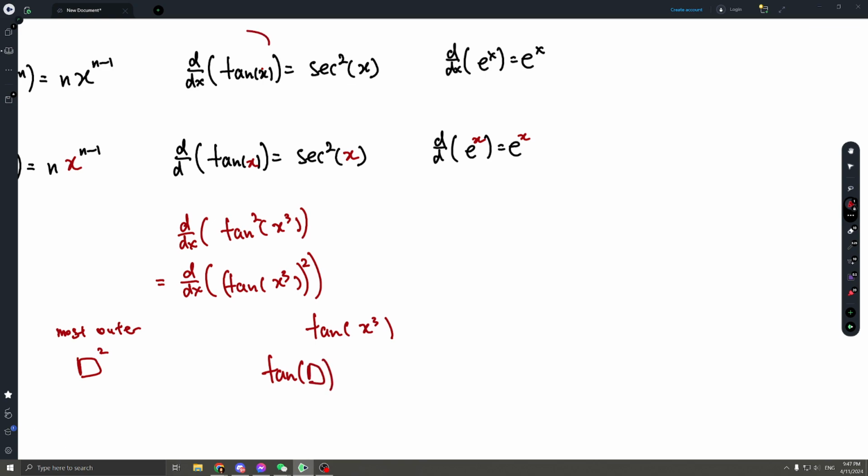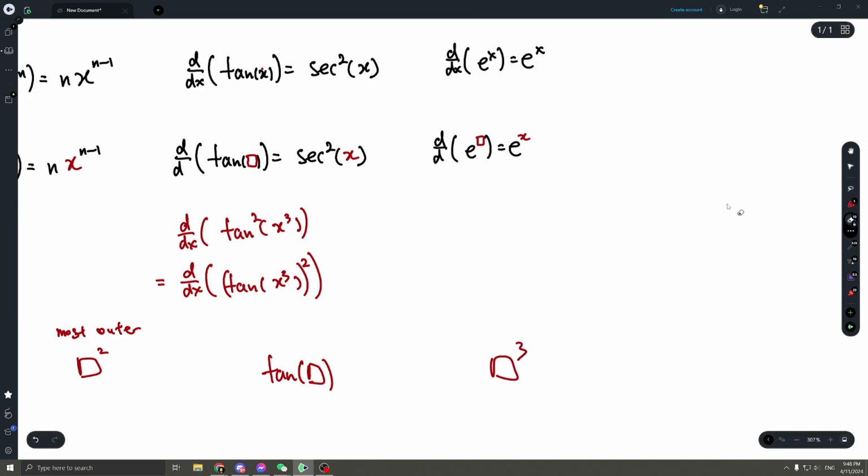I'm just going to replace the x with a box, and the box can represent whatever can go in there, right? Okay, so that's the next step.